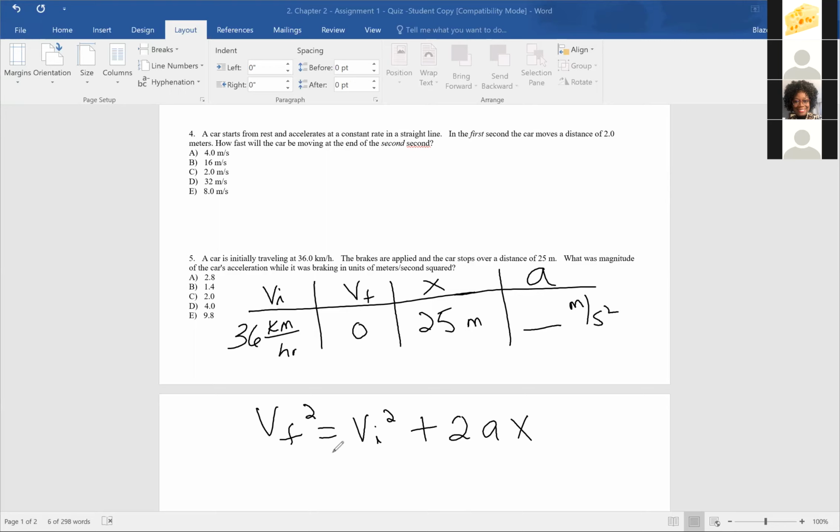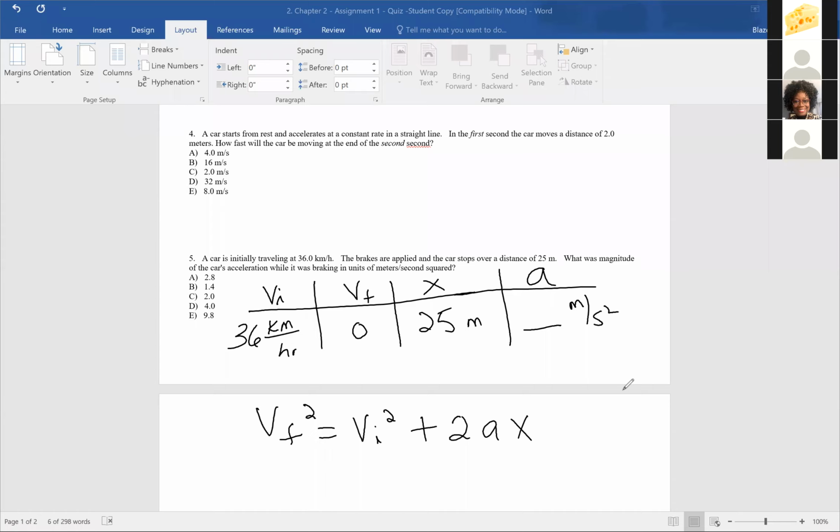Now in this problem, I again want to go over the algebra. So notice this. If I subtract V initial squared on the right side of the equation, that whole term is gone.